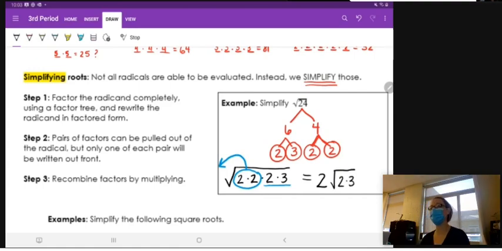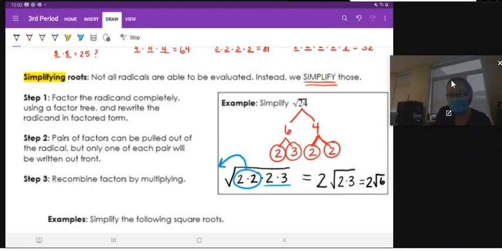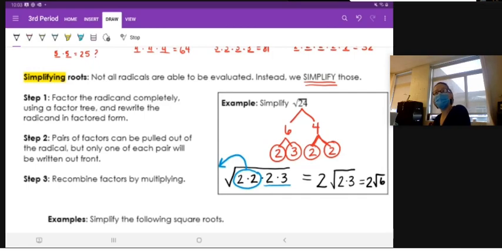Those didn't come out. So we can simplify one more time. The 2 times 3 can combine inside that radical and give us 2 times radical 6. So that was step 3. Our answer is this 2 radical 6.